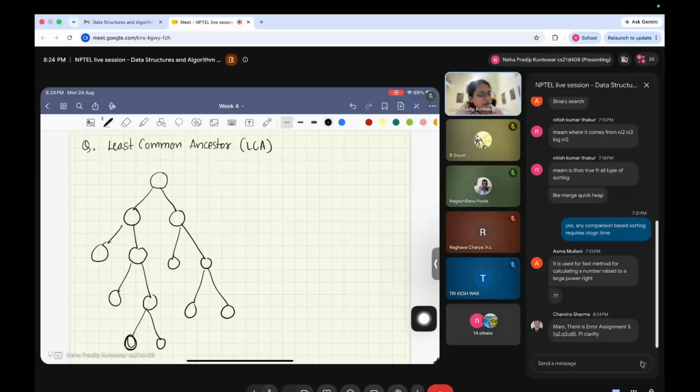Let me look at this node here and this node here. How do we define the least common ancestor for these? You look at the first parent of these two nodes, which is a common parent of these two nodes.